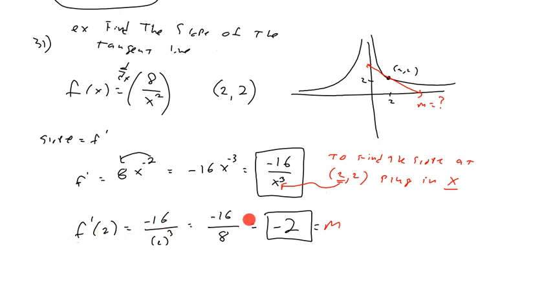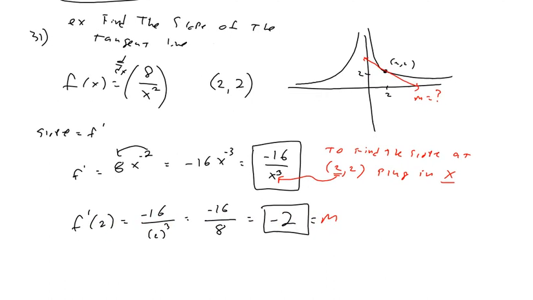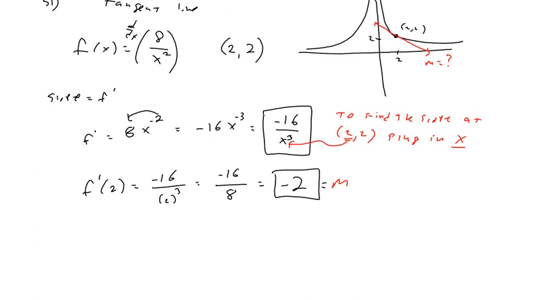What if I wanted to find the equation of the line? Could I do that? Yeah. I want to find the equation, y equals mx plus b, right? Well, I have my m is negative 2, so I'm going to have y equals negative 2x plus b, and then I plug in my x and y.